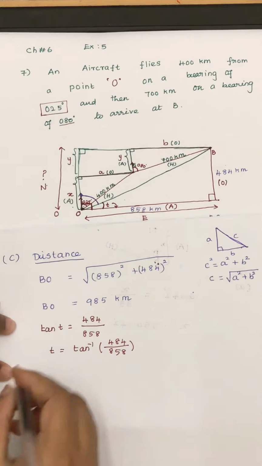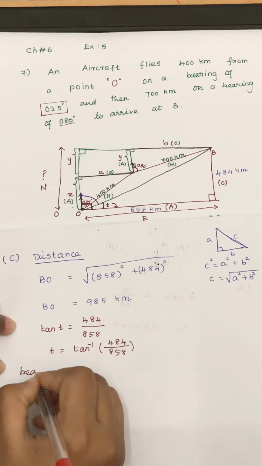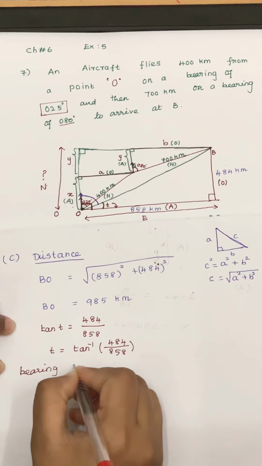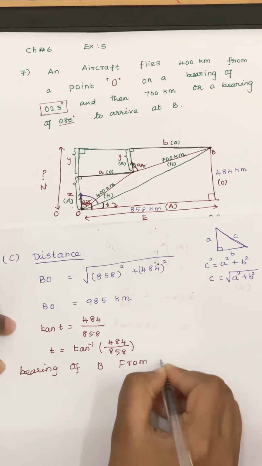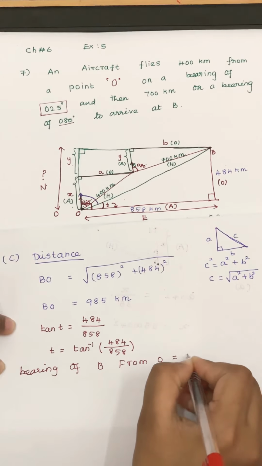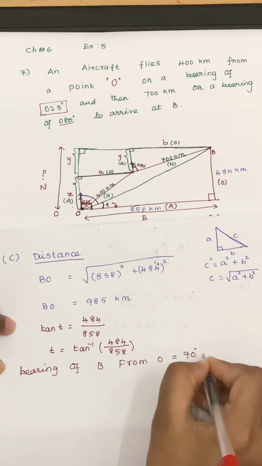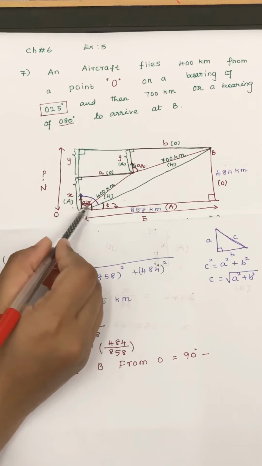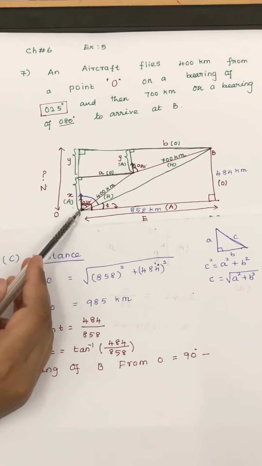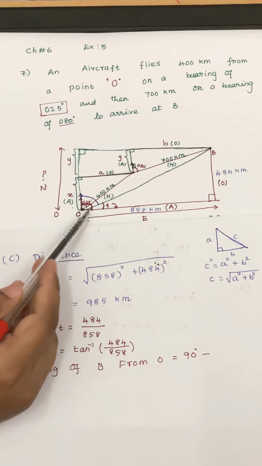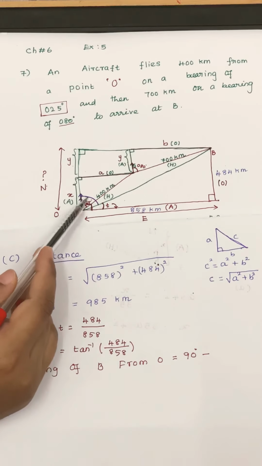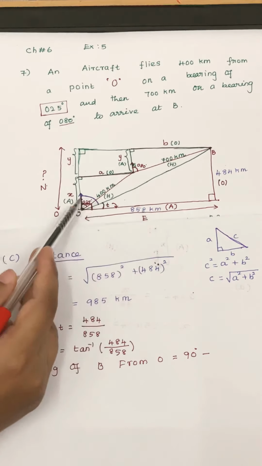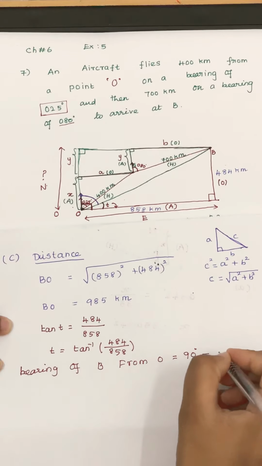So the question is the bearing of B from O. To find that, what you have to do is 90 degrees minus T. Why 90? The full angle is 90, right? Because this is north and this is the east direction. North to east is 90 degrees, minus this T will give me the bearing of B from O. So what is T?